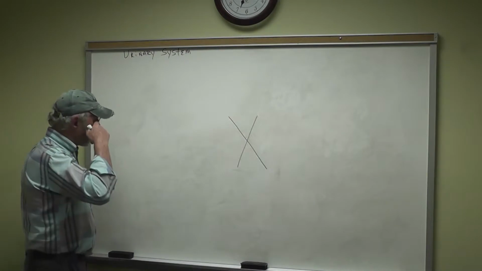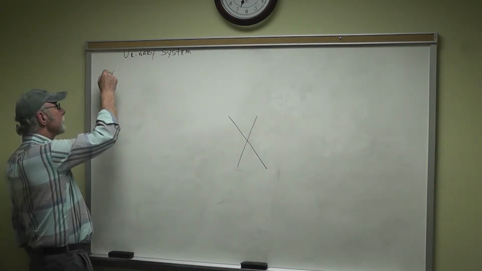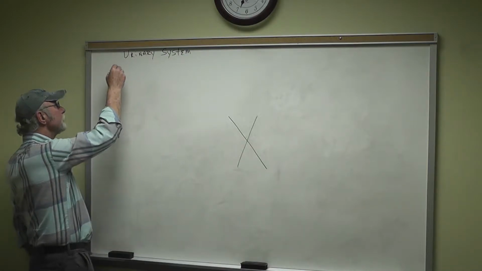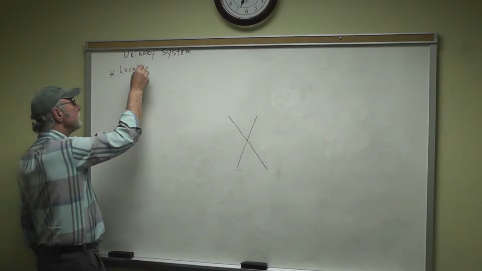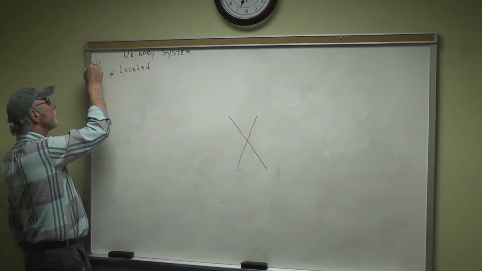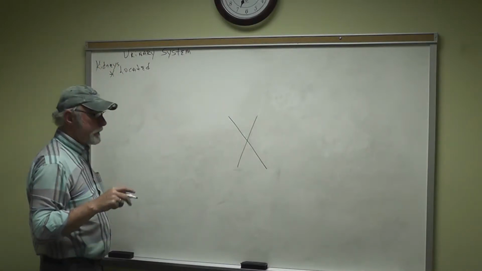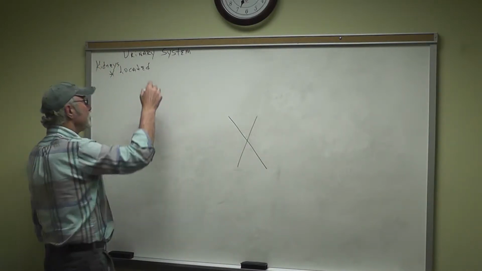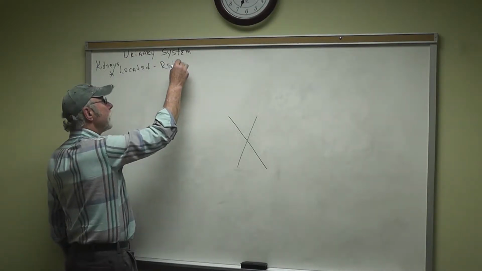A couple of important points. The kidneys, in their location, and you may see this question pop up somewhere, they are located retroperitoneal.